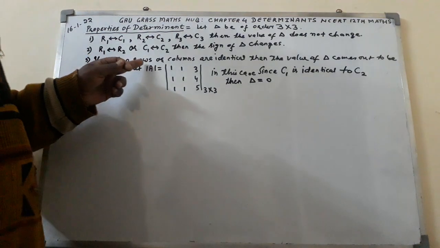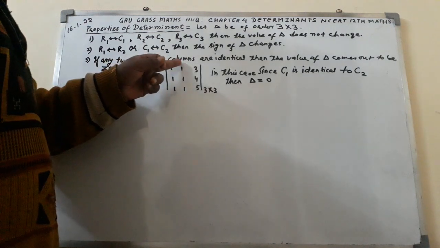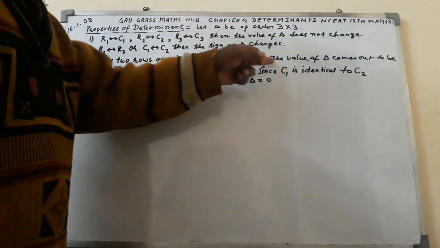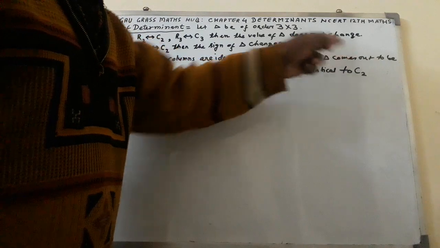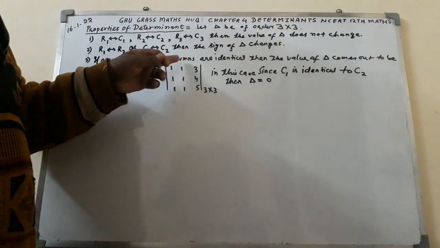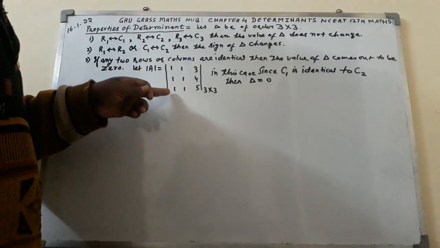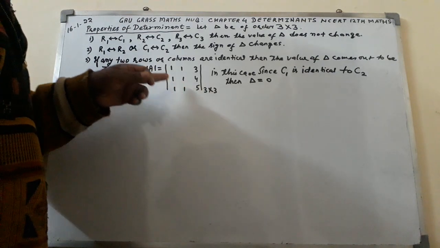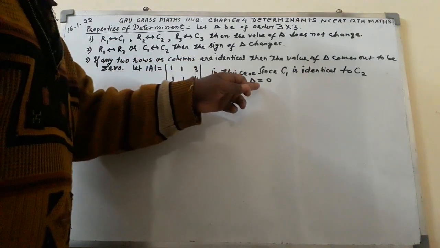If any two rows or any two columns are identical, then the value of the determinant is 0.